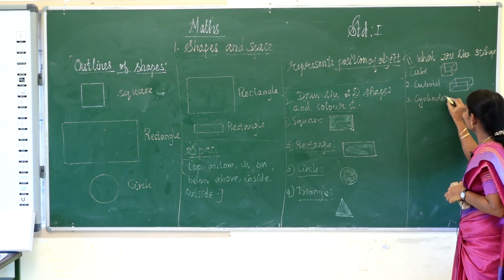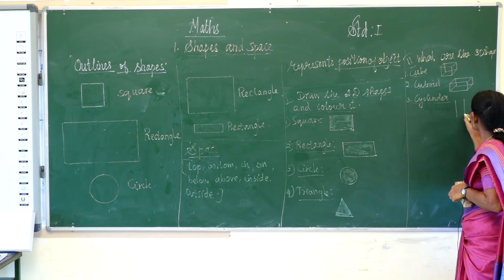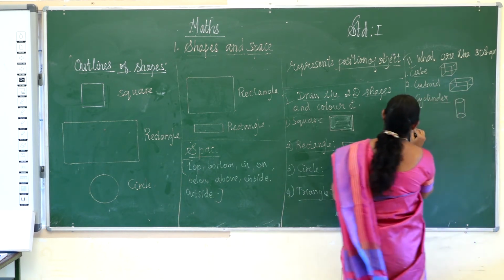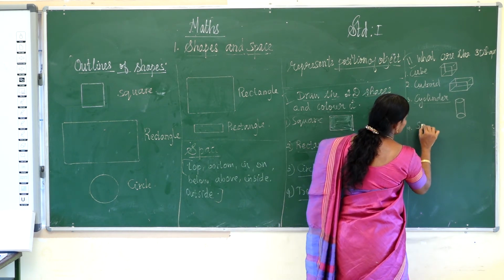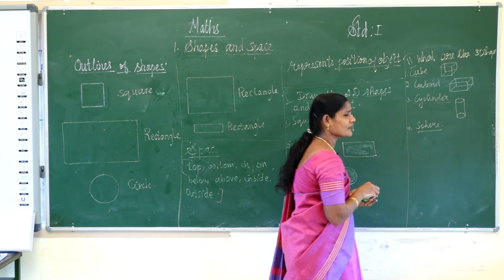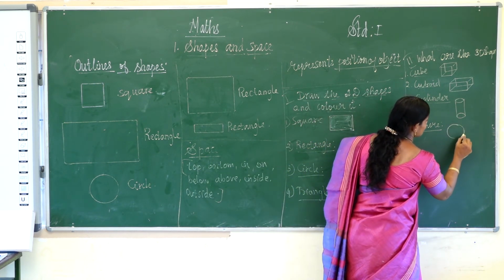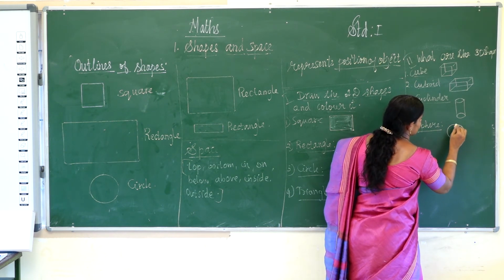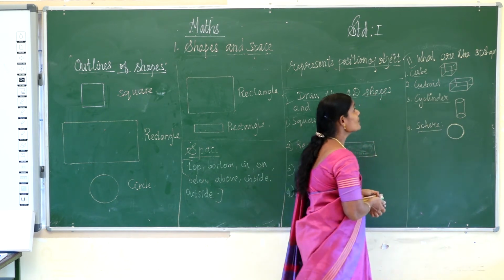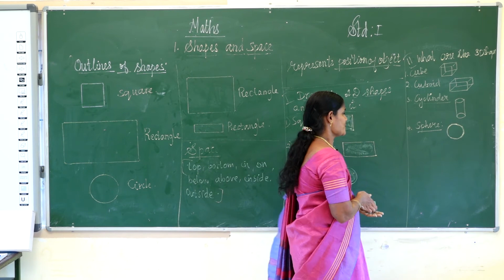How did you draw cylinder? Like that. This is a cylinder. Then fourth one is a sphere. How did you draw sphere? This one round. This is the sphere. So, you see what are the 3D shapes? Cube, cuboid, cylinder and sphere.